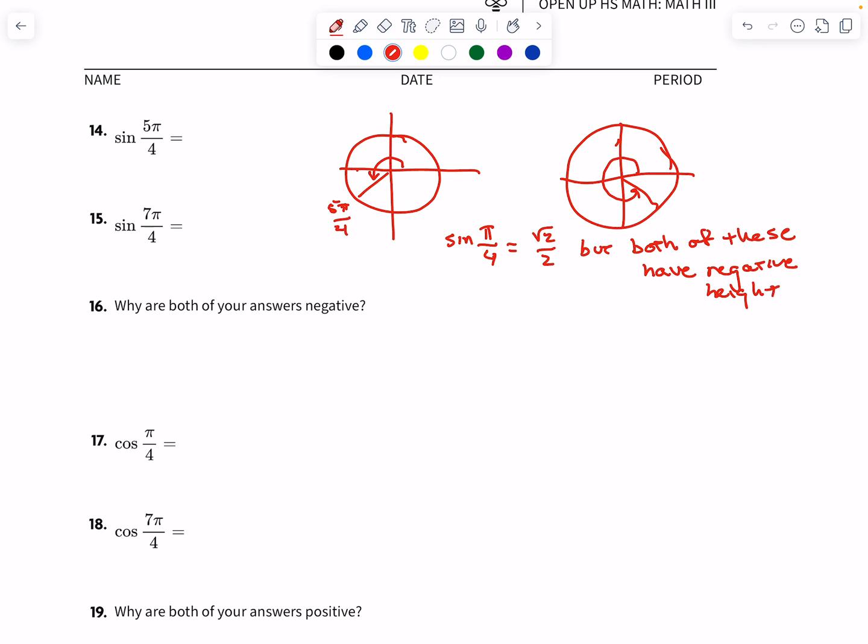Are below the x-axis. So negative root 2 over 2, but it did say to turn it into a decimal. You can check on your calculator by making sure your calculator is in radians.